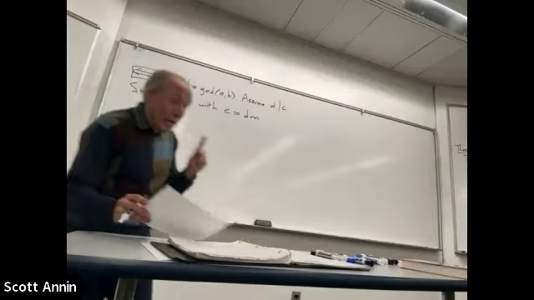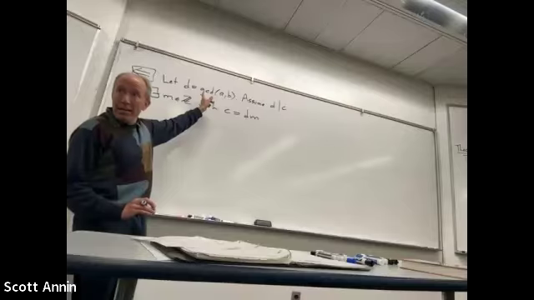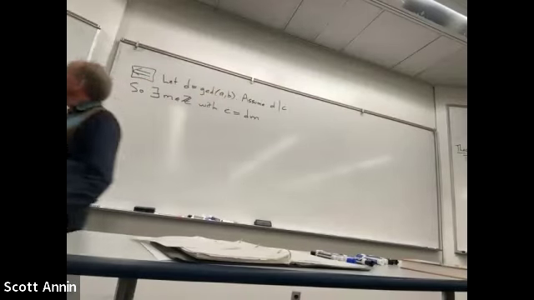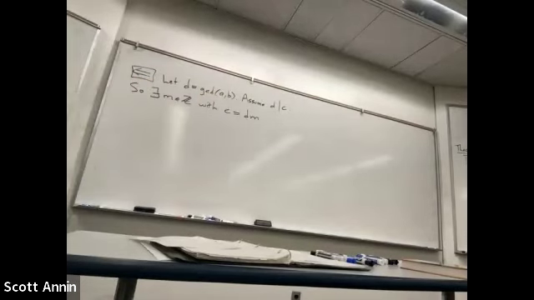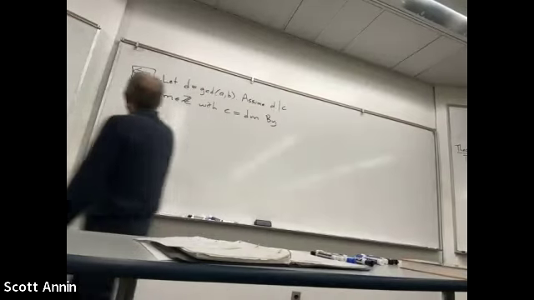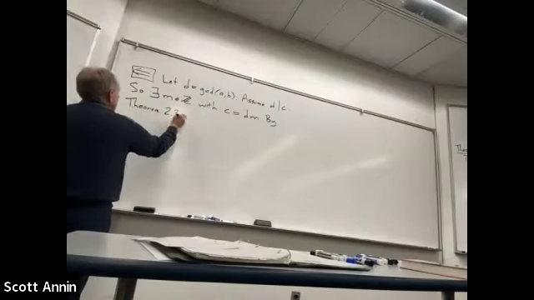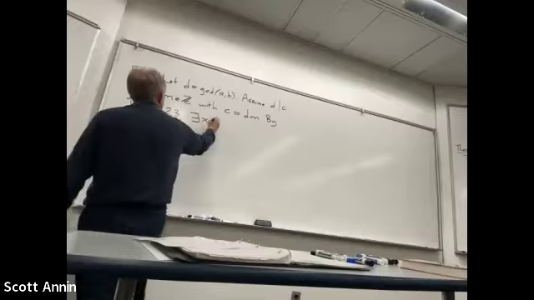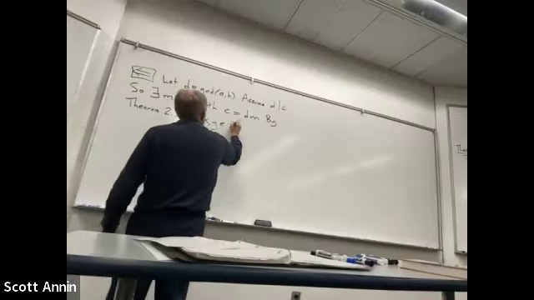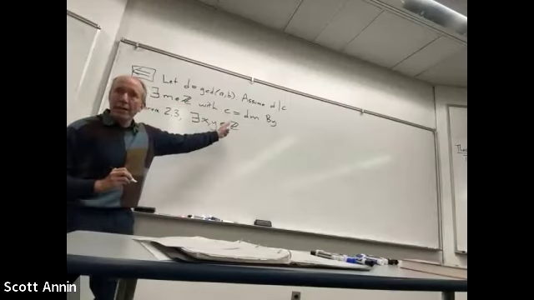And now is where I'm going to use the fact that the GCD of A and B can be written as an integer combination of A and B. That's theorem 2.3. So starting with A and B, we can use theorem 2.3. There exist integers X and Y. Guys, please be careful in your write-ups that you're specifying where these elements exist.